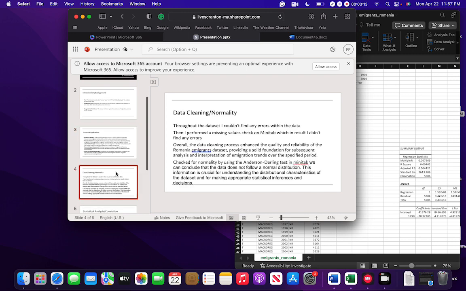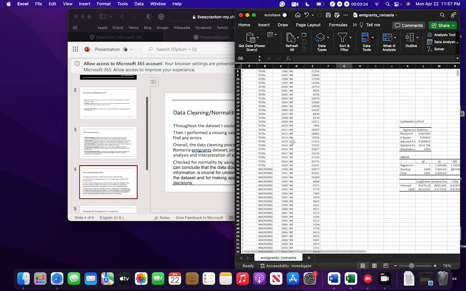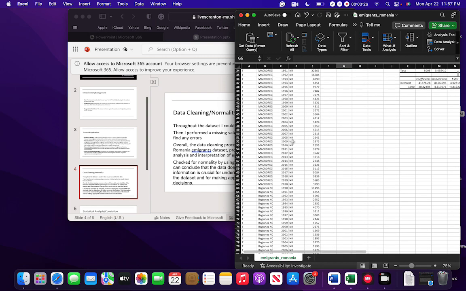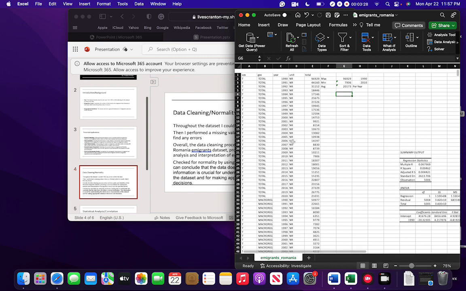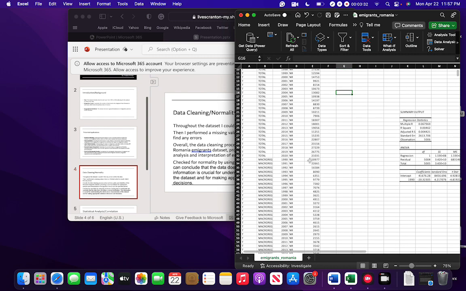On to the next slide. Data cleaning and normality. Throughout the dataset, I couldn't find any errors with the data. There's about 5,008 columns of data, and it doesn't include too much data, so there wasn't much that could go wrong.